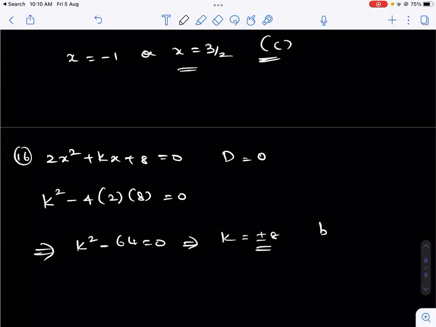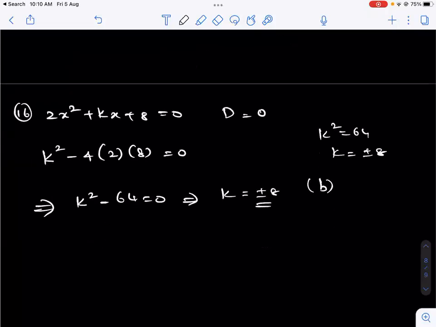So answer is B. First of all, did you understand when I write k square is equal to 64, why am I writing k is equal to plus or minus 8? It is not just because of the square, actually it is because of quadratic equations. Observe. So when I say k square is equal to 64, can I write k square minus 64 is 0?